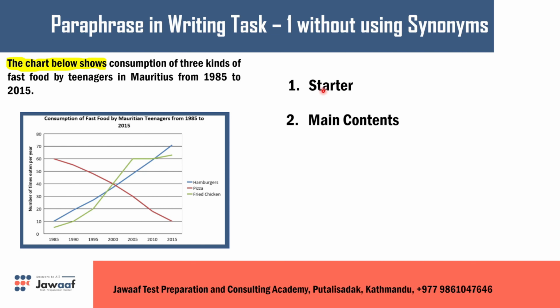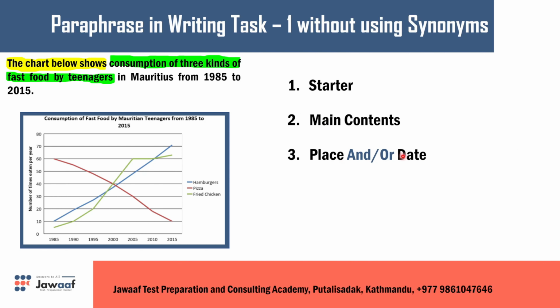After that, we have the main contents. That means what is this question about? This is about the consumption of 3 kinds of fast food by teenagers. So this is the main content, and after the main content we have place and/or date.